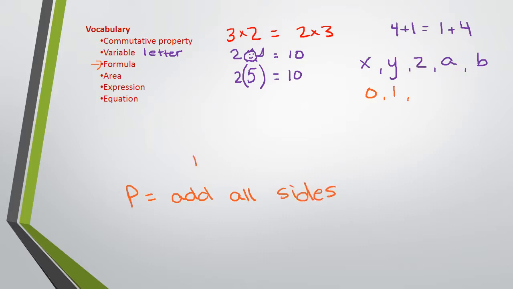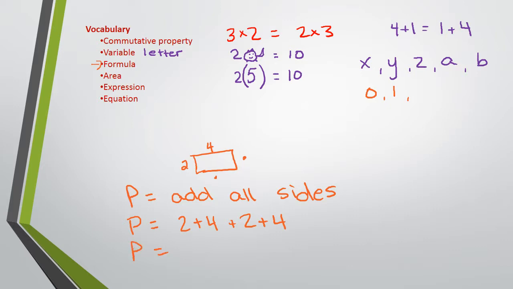And so if we had a shape like this, that was 2 on this side and 4 on this side, we write perimeter equals 2 plus 4 plus 2 plus 4. One of the common misconceptions is that people will forget this side and just add the 2 and the 4. So remember to add all the sides.